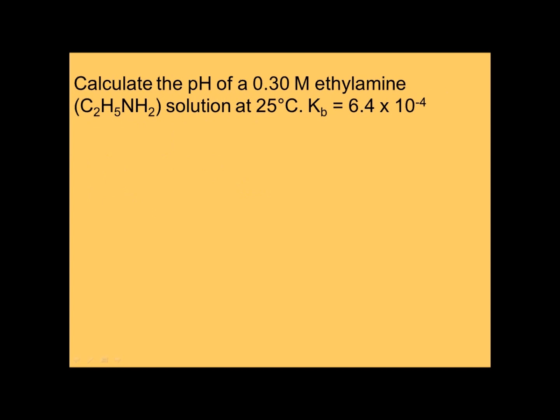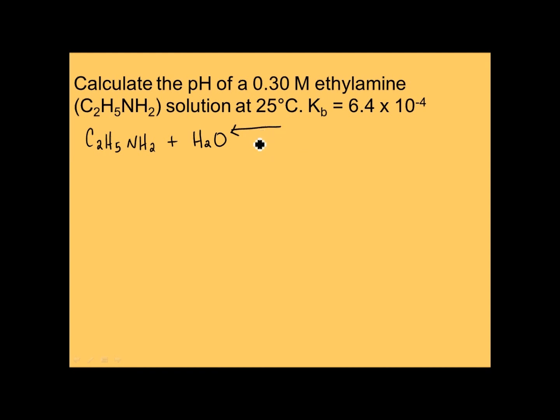Right, now this one's different. This one is a base, but the format's going to be exactly the same. I'm going to write out the reaction because bases are a little odd. Again, you can put two arrows, whatever is comfortable.